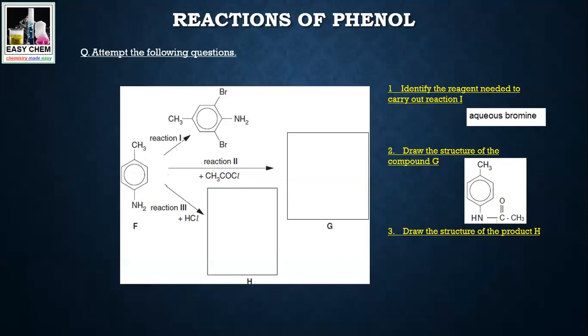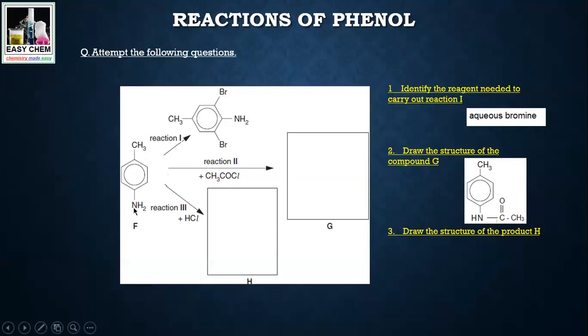Third one, draw the structure of the product H. Remember this nitrogen NH2. Nitrogen has a lone pair of electrons. In AS, Bronsted acid and base lessons, we learn hydrogen acceptor is a base, Bronsted base.